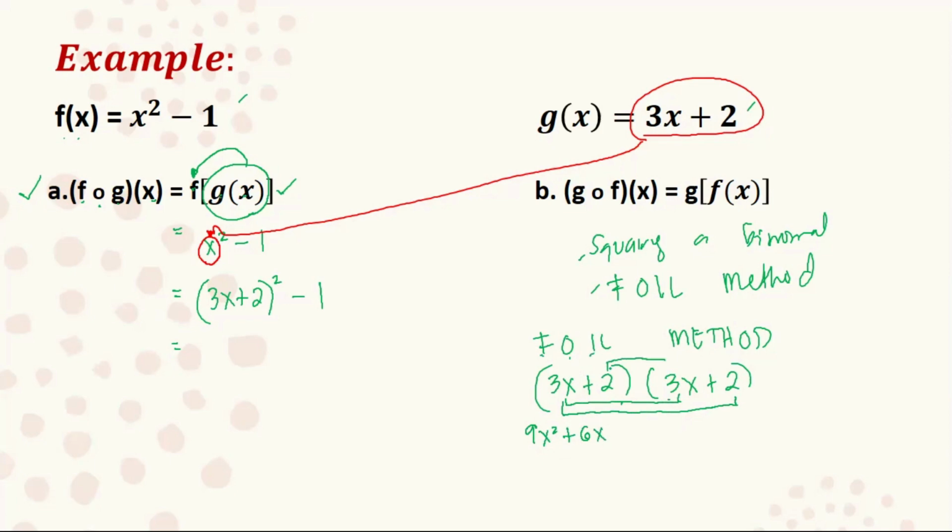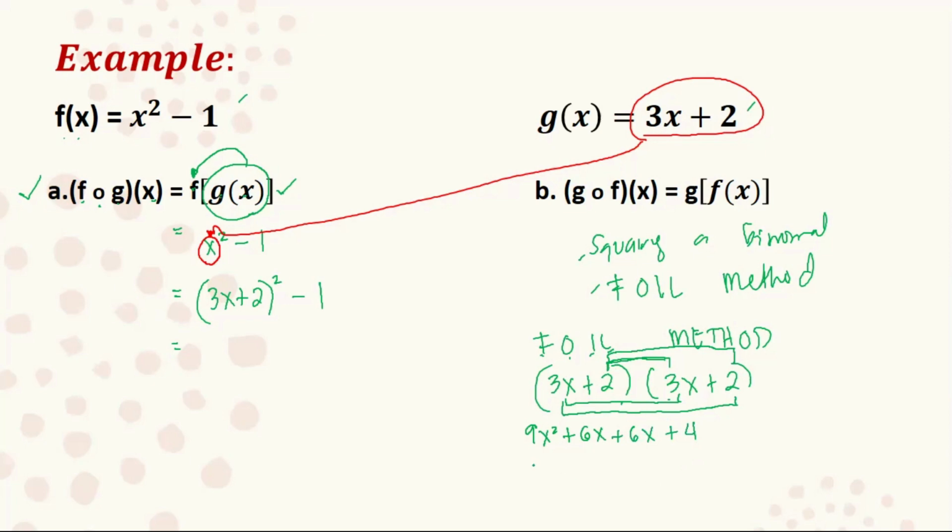I stands for the inner terms. So 2 times 3x is also positive 6x. And L stands for the last terms. So 2 times 2 is 4.